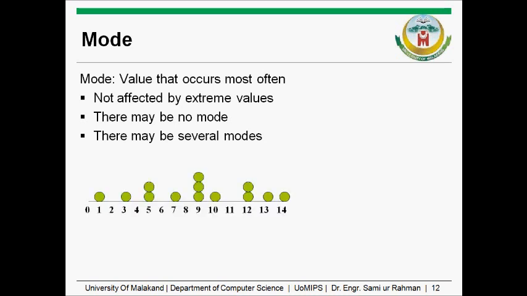For example, here we have 1 once and 3 once, 5 twice and 9 thrice, and 12 twice. So the mode is the value which has occurred most often.